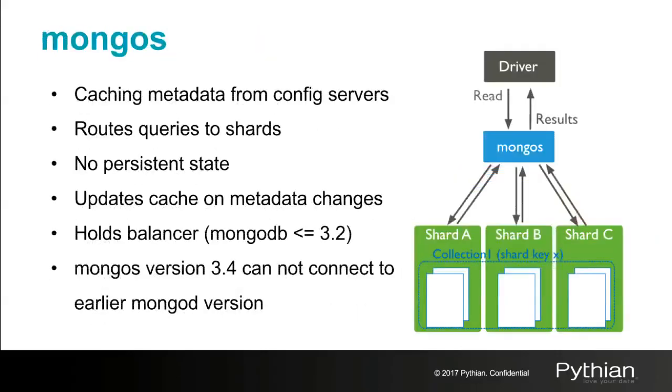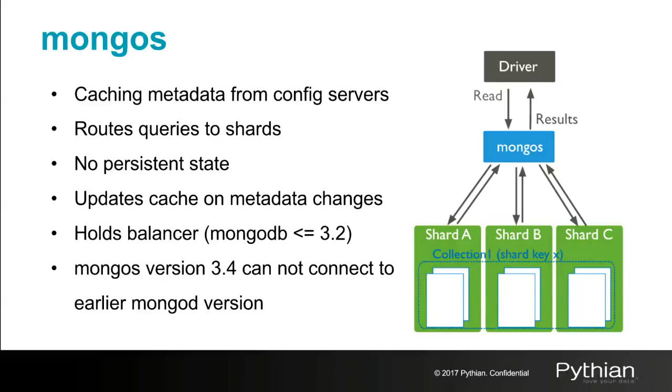The last part of the sharded cluster are the MongoS nodes. The MongoS nodes are the interface in the sharded cluster, and they don't have any persistent state. The MongoS updates the state whenever there are changes in the cluster metadata.